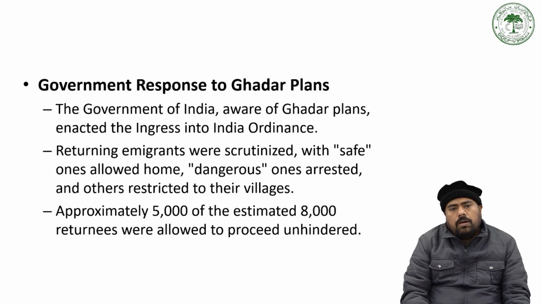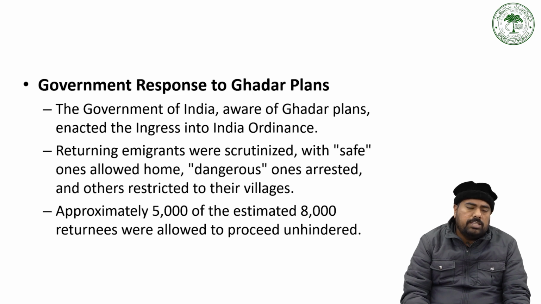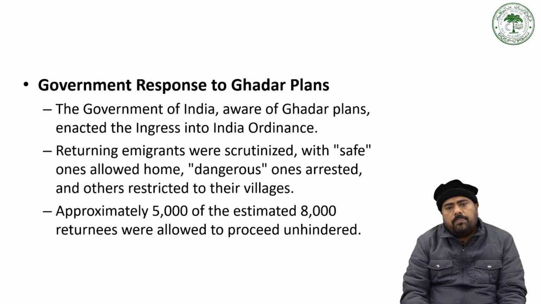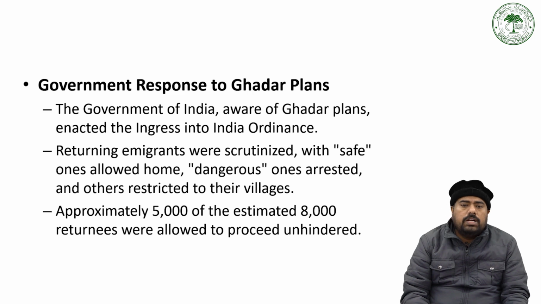Now, how did the government respond to Ghadar plans? The Government of India was aware of Ghadar plans, of Ailan-e-Jang, and enacted the Ingress into India Ordinance. And this is happening by 1914, when the British Empire is engaged in a world war.